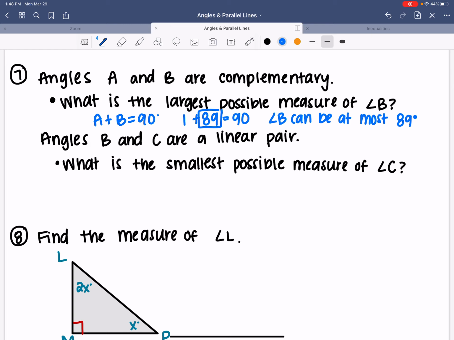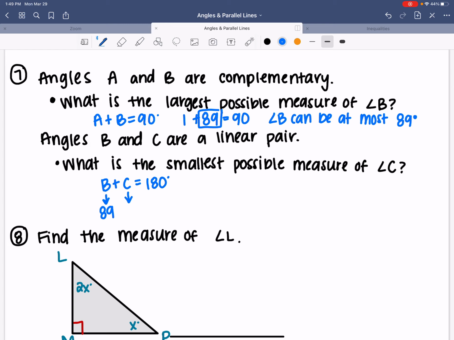Angles B and C, so the same angle B and C are a linear pair. So B plus C forms 180 degrees. What is the smallest possible measure of angle C? Well, if B can be at most 89, that's the biggest that this one can be, that's going to mean that C can be its smallest measure at that point.